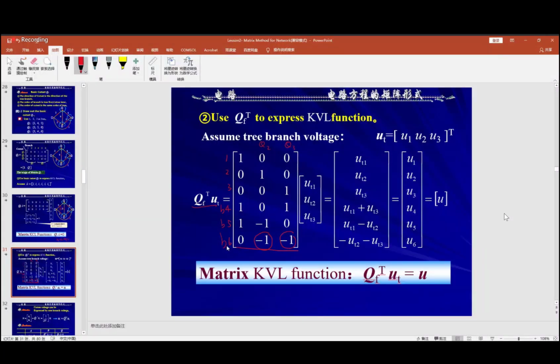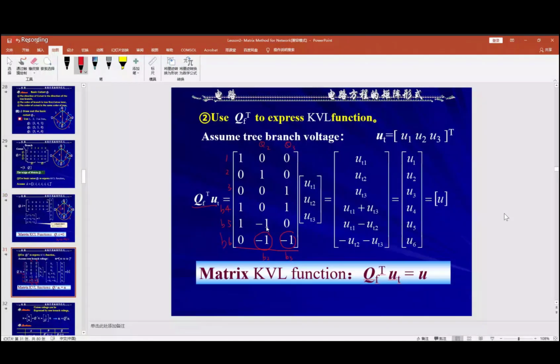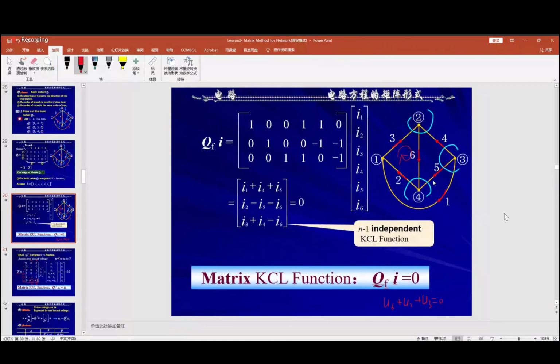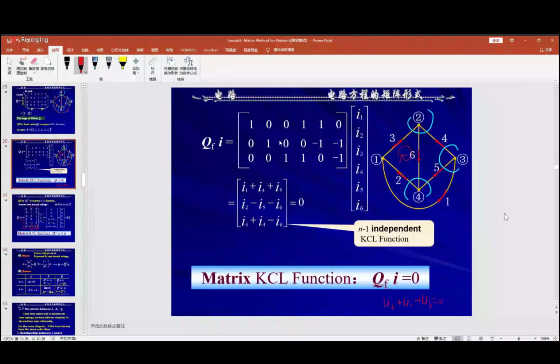That means B6 forms a loop with B2 and B3. 6, 2, 3 will form a loop. And 5, 1, 2 will form a loop. And 4, 3, 1 will form a loop.